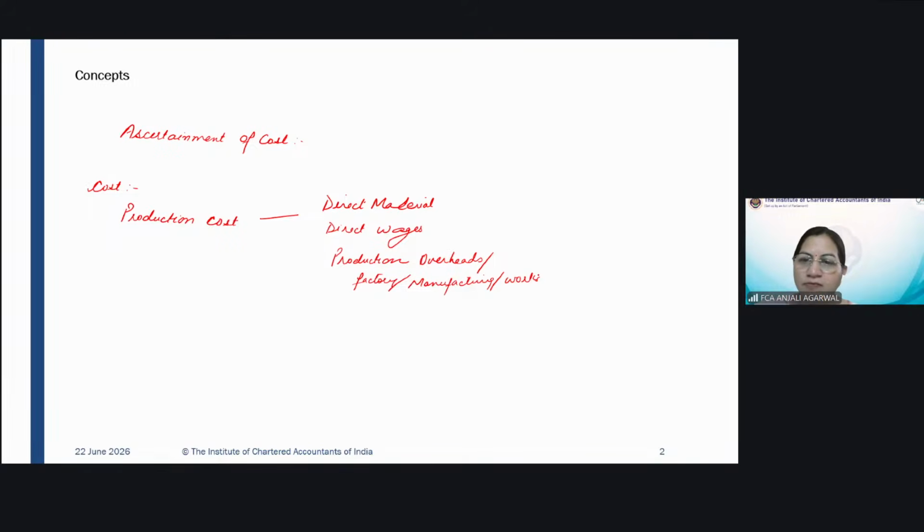Or if you are doing some other work, like extracting some minerals from the quarries, then you will not call it production, you may call it works overhead. What is contained in works overhead or production overhead or factory overheads is the indirect expenses related to production.